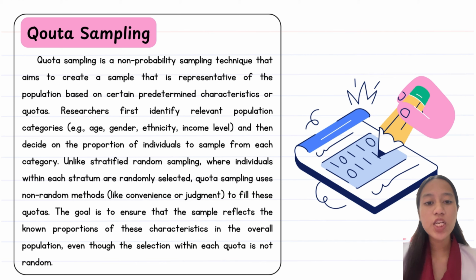Unlike stratified random sampling, where individuals within each stratum are randomly selected, quota sampling uses non-random methods like convenience or judgment to fill these quotas. The goal is to ensure that the sample reflects the known proportions of these characteristics in the overall population, even though the selection within each quota is not random.